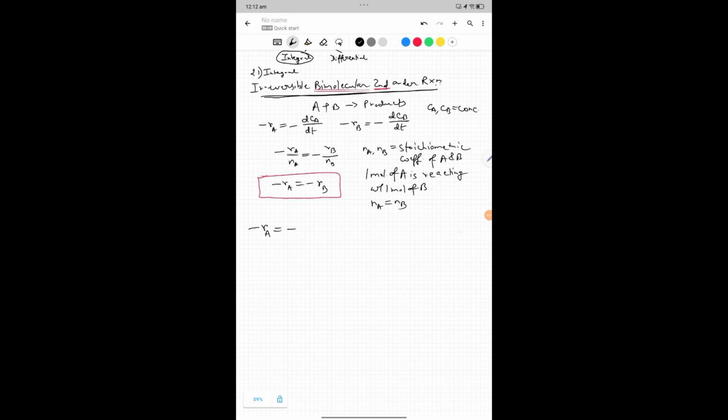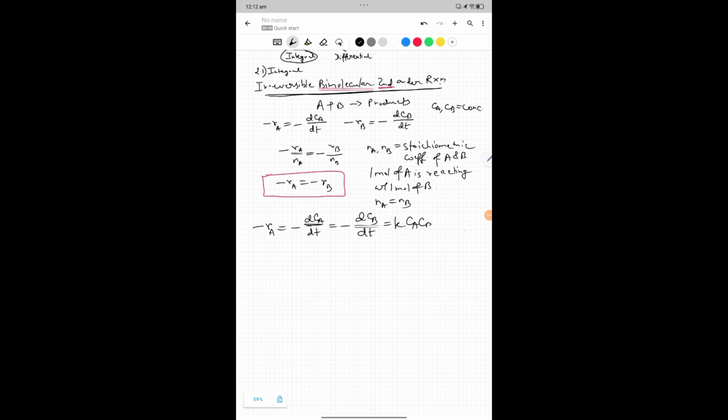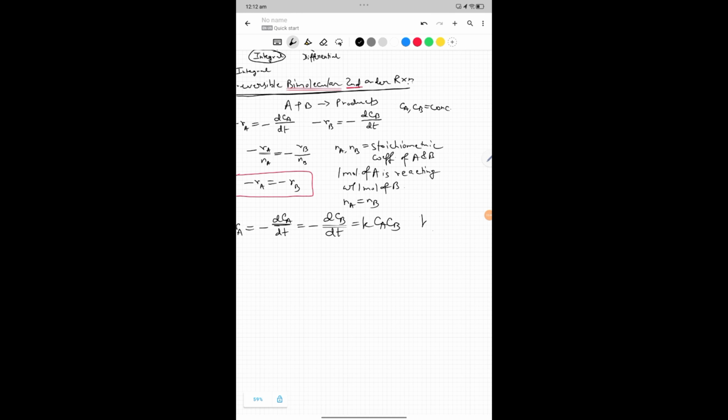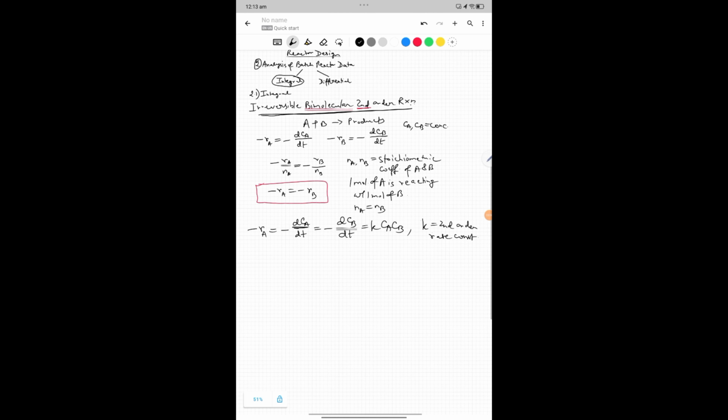So minus RA, which is minus dCA by dt, is equal to minus dCB by dt, which is equal to k CA CB, where k is the second order rate constant. So this is the picture till now.